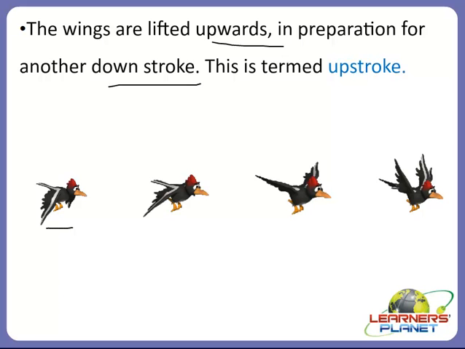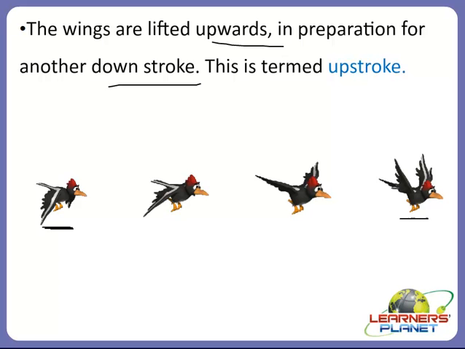So here was the last movement of the bird. This is downstroke, and after that they try to flap their wing. They try to lift their wings upwards. And finally, this whole movement is known as the upstroke.